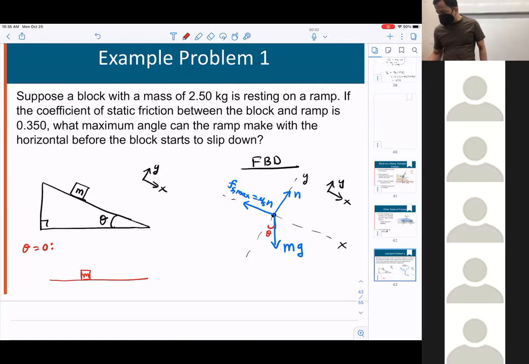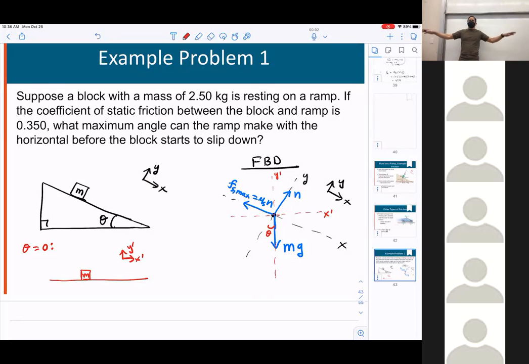In that case, your x and your y will be like that, because now the ramp is exactly horizontal. So this x becomes this, and your vertical is normal to that. If I were to draw that onto this picture, it would look something like this. Maybe I'll call this x prime and y prime. This is like your x prime and your y prime.